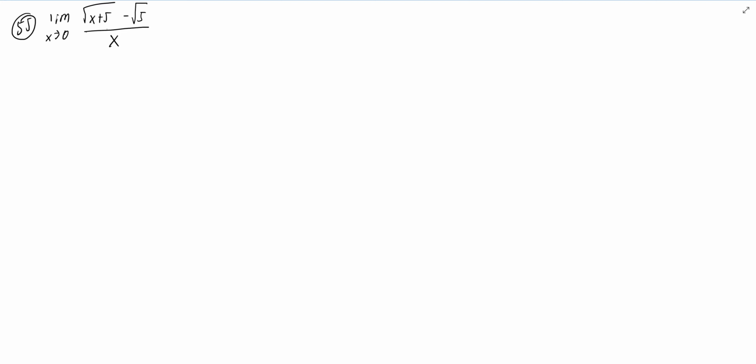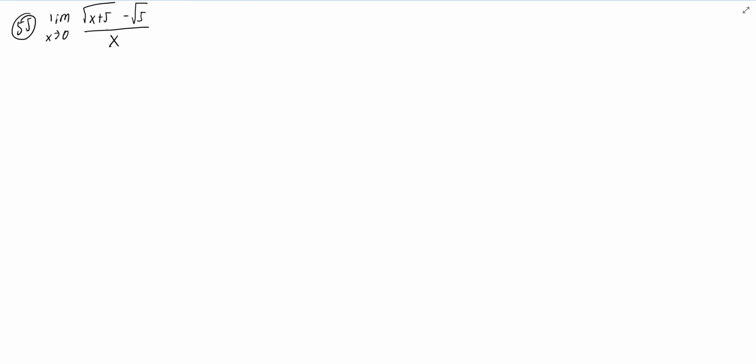So 55, we have the limit as x goes to 0 of the square root of x plus 5 minus the square root of 5 all over x. So as you can see, obviously if we tried doing direct substitution, we'd have a divide by 0, which would result in unfortunately undefined, which can't be the case in this instance.